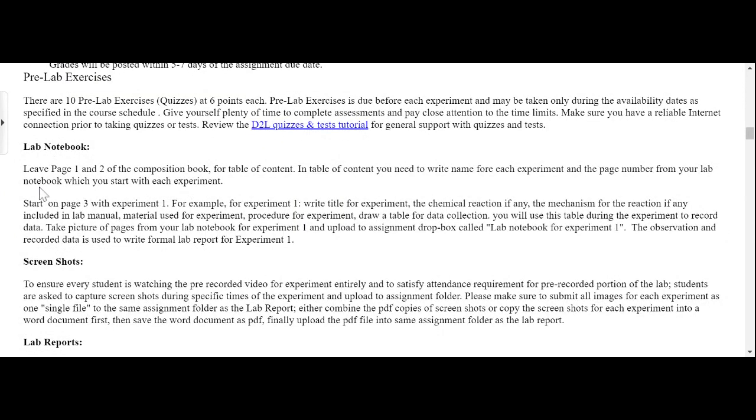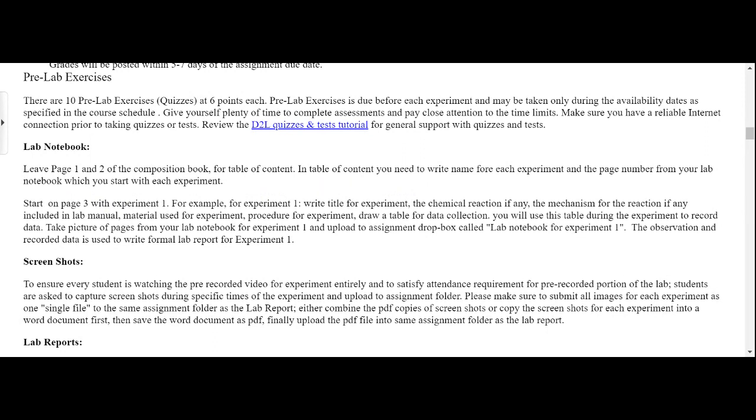Lab notebook. For the lab notebook, you buy the composition book, black and white cover, the cheapest one you can get. It doesn't matter if it's lined or graph paper. You leave the first 2 pages for the table of contents. On page 3, you start with experiment 1.